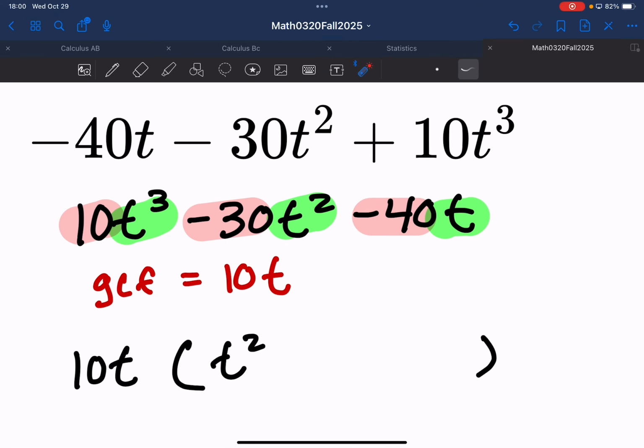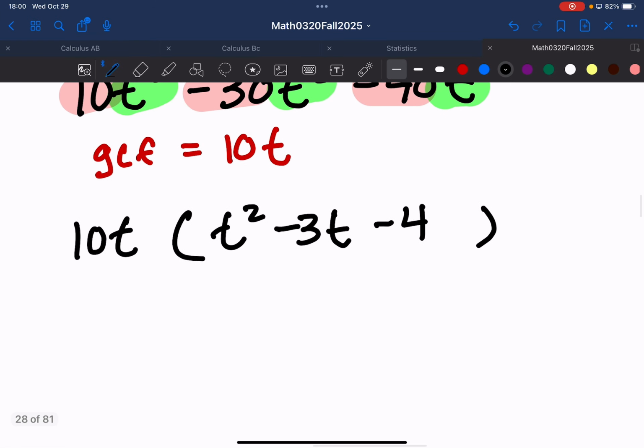Then the next part: negative 30 divided by 10 is negative 3, and then t squared, take away 1t. And then negative 40 divided by 10 is negative 4. If I take away a t from 1t, is there any t's left over? No. So this is what I have so far.